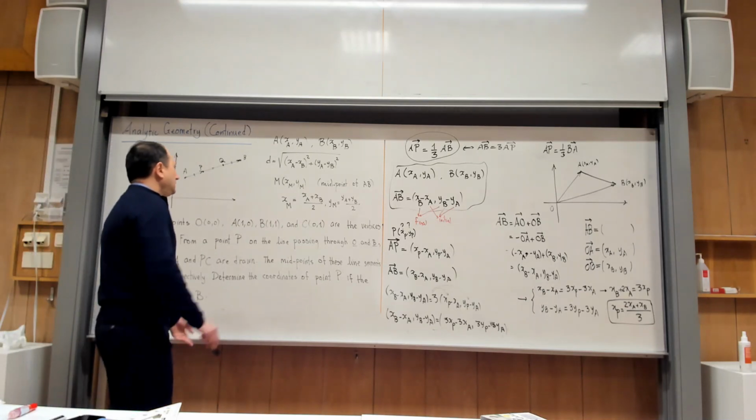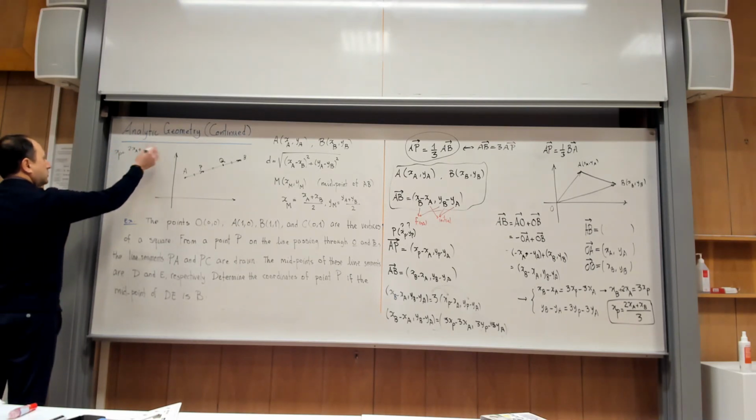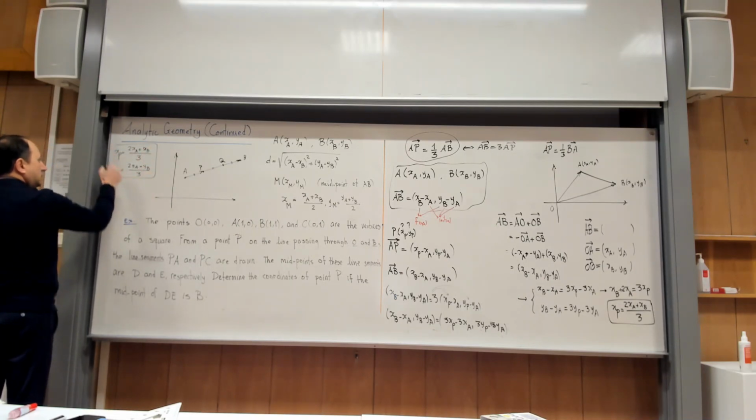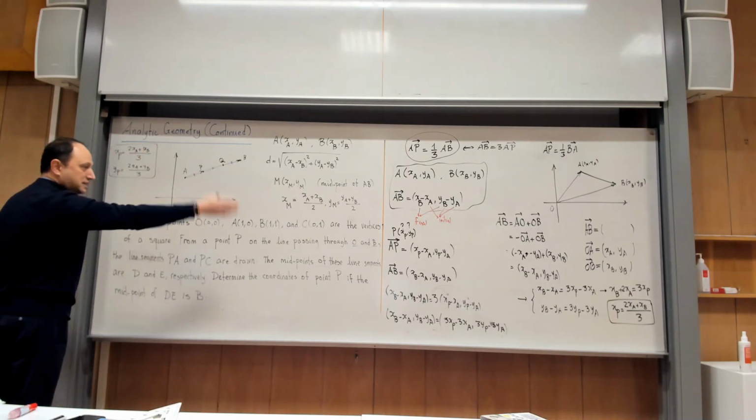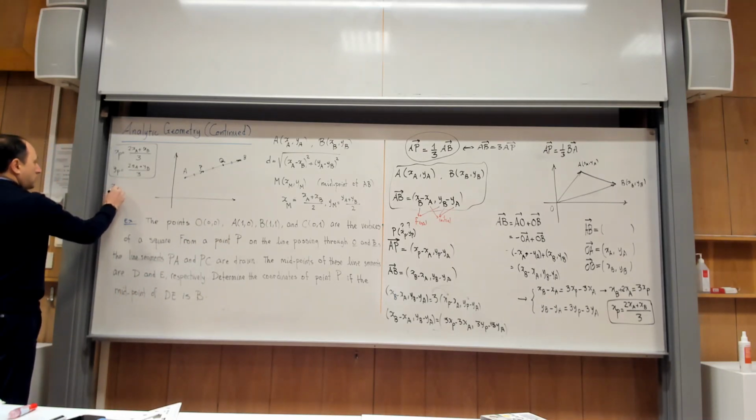Okay, so here, let me write the formula for you. xp is 2xa plus xb divided by 3, and yp is equal to 2ya plus yb divided by 3. The second one you can calculate yourself. It's exactly the same. But the prediction that Simon made was also completely correct. If you don't believe it, you can calculate.